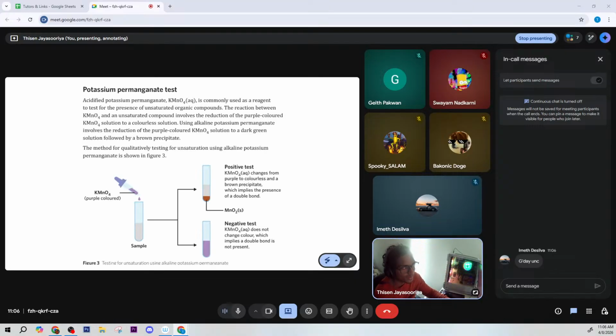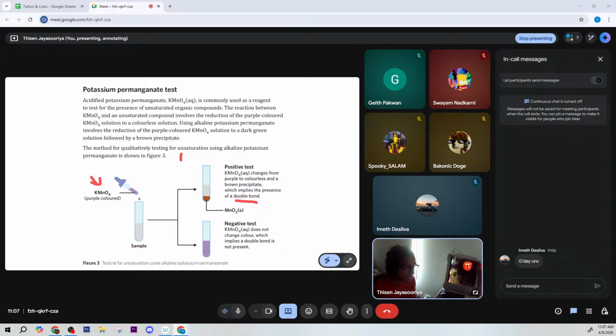So here, this one is an oxidation test, yeah? And essentially what's happening is that we're using one of our oxidizing agents. This one they have is the potassium permanganate test. If there's a double bond present, so this is another double bond test, yeah?